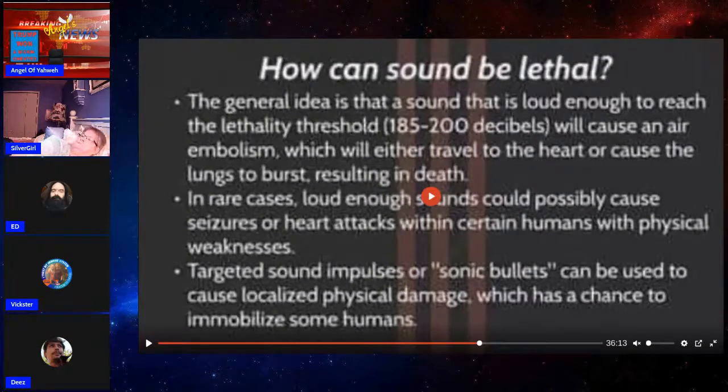Yeah. This says, how can sound be lethal? The general idea is that sound loud enough to reach the lethality threshold, 185 to 200 decibels, will cause an air embolism, which either travels to the heart or causes the lungs to burst, resulting in death. In rare cases, loud enough sounds could possibly cause seizures or heart attacks within certain humans with physical weaknesses.